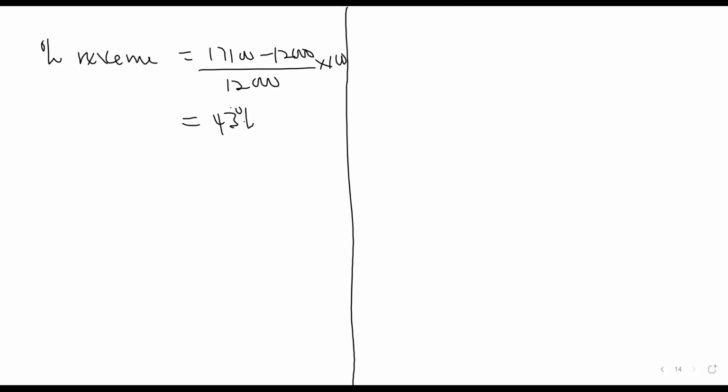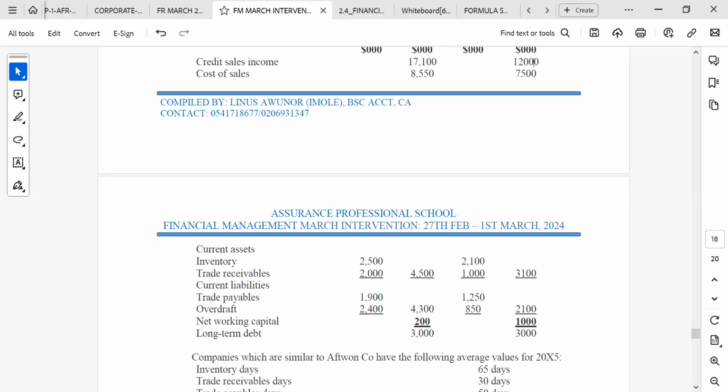Let's now come to the percentage increase in the bank overdraft. Overdraft was first 850.